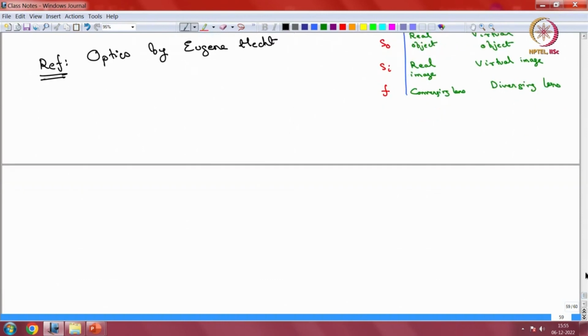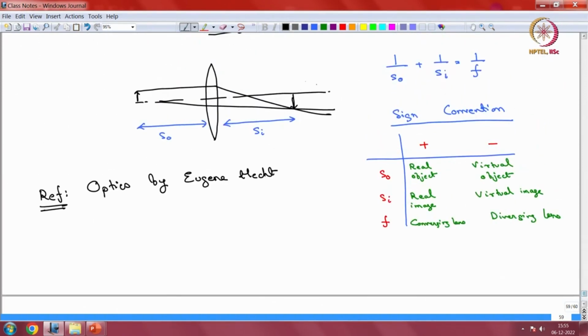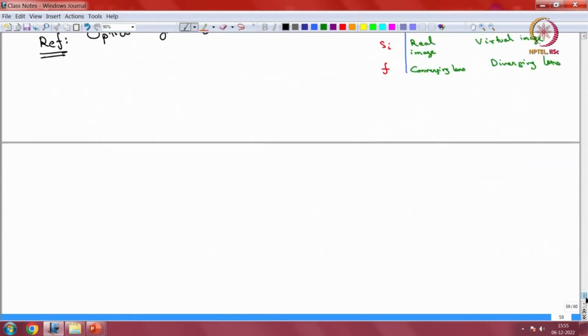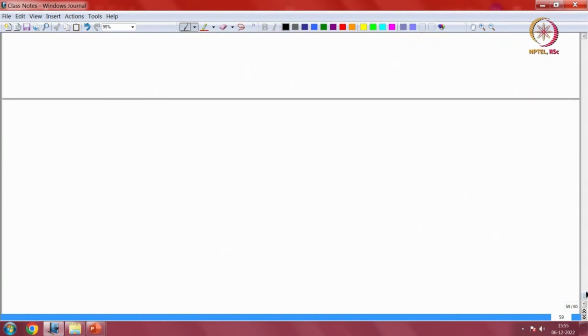So this is a book you can refer to, or you can find any other book. As I said, different books have different sign conventions for discussing geometric optics. So you should just be careful. If you use a different book, make sure that you know the proper sign convention that they are using.